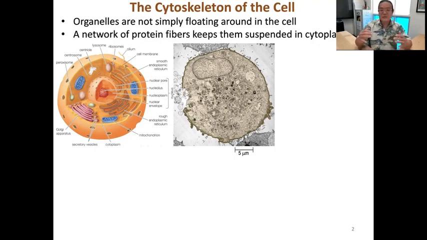In addition, these protein fibers also provide the mechanism by which things can be moved around intentionally inside of the cell. Again, the life functions of the cell would not be very efficient if all it could do is sit around and wait for things to randomly bump into each other inside. I think you all can appreciate that by now.